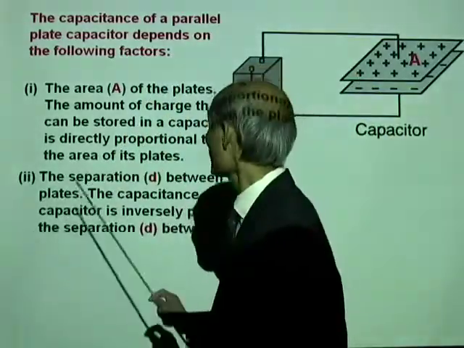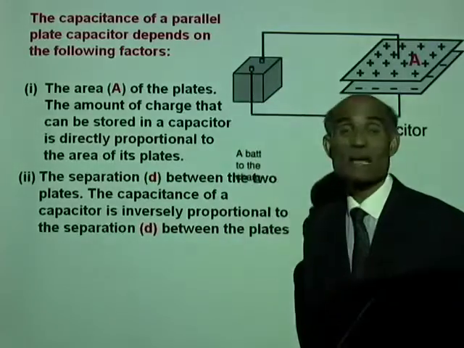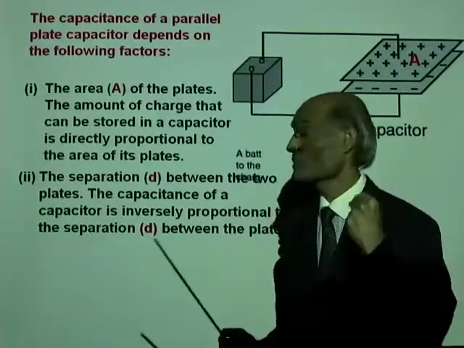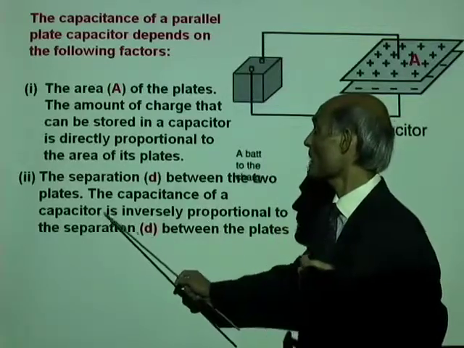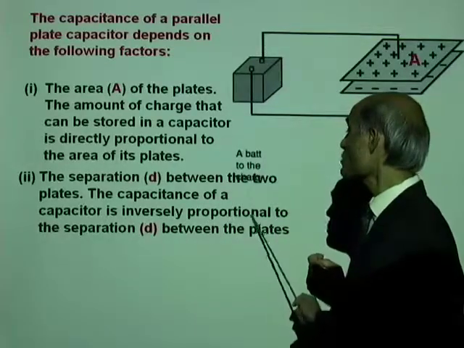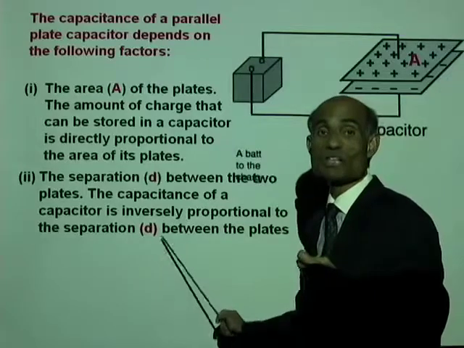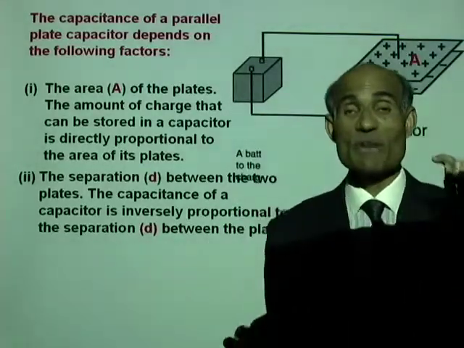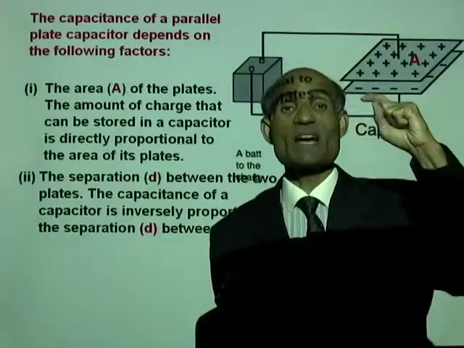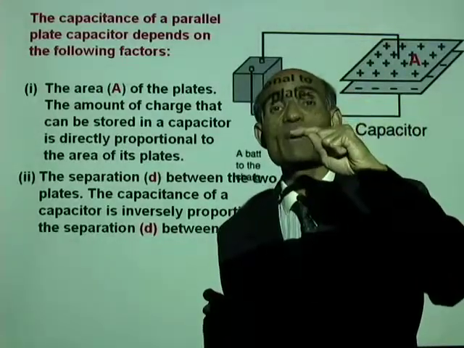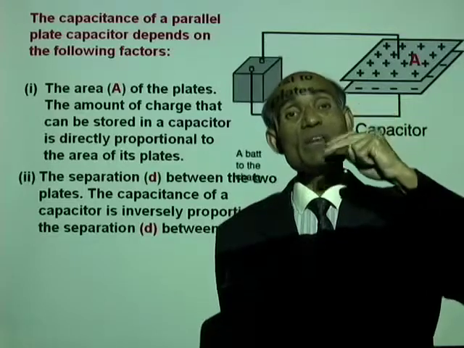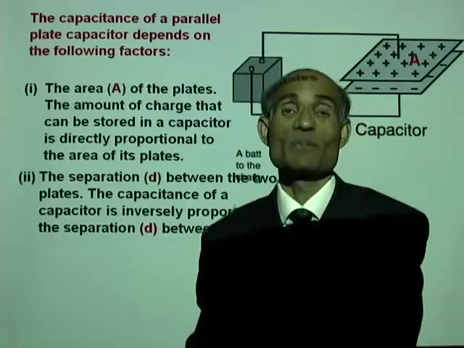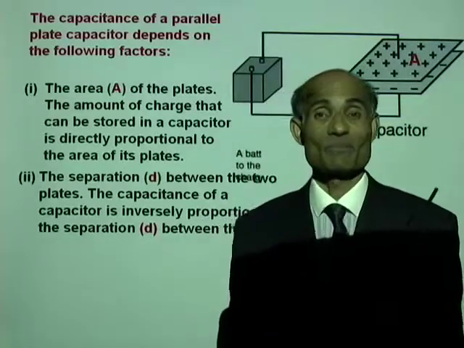So the separation D between the plates also is a determining factor on its capacitance. Capacitance of a capacitor is inversely proportional to the separation D between the plates. So we have now capacitance is directly proportional to the area of the plates and inversely proportional to the separation between the plates. What else does it depend on?